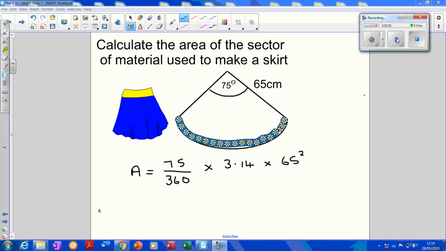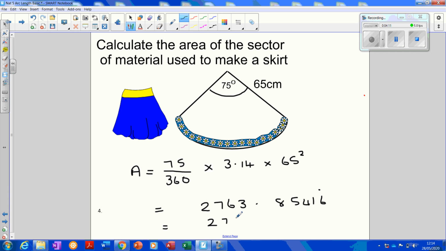Right, pause, put that into your calculator. Okay, so the answer to that then is 2,763.85416. There's that wee dot above it again. Right, so round to 1 decimal place is 2763.9, and it's measured in centimetres, so it's centimetres squared for the area.